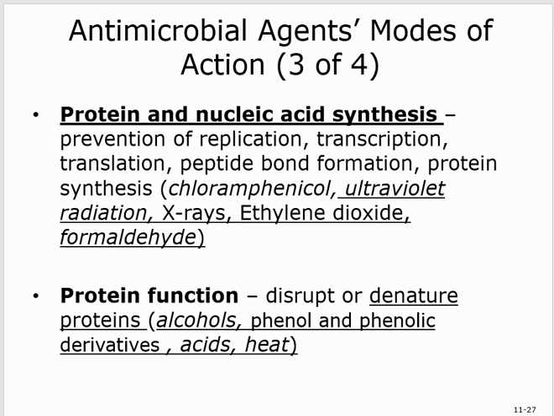Meaning, if you get a raw egg, right? And the egg white is semi-solid or liquid form, isn't it? It's liquid, kind of. And it is transparent to a good extent, right? When you expose it to heat, or acid, or alcohol, or phenol, you know what's going to happen? The nature will be lost. It's not liquid, it's not transparent. What does it look like when you expose it to any one of those? What's the color?